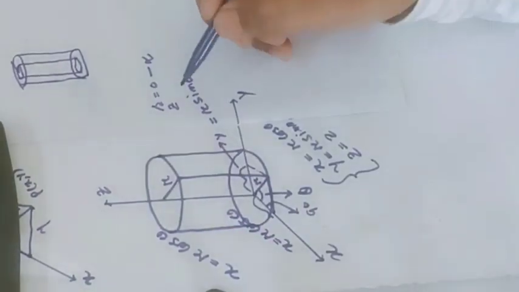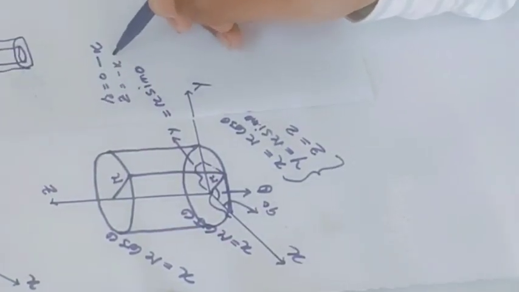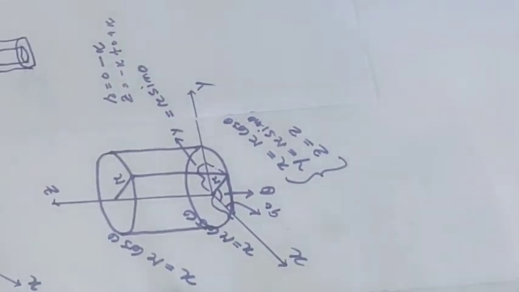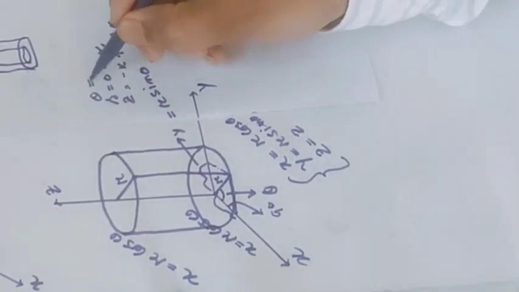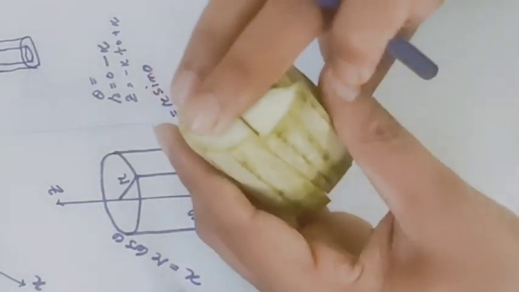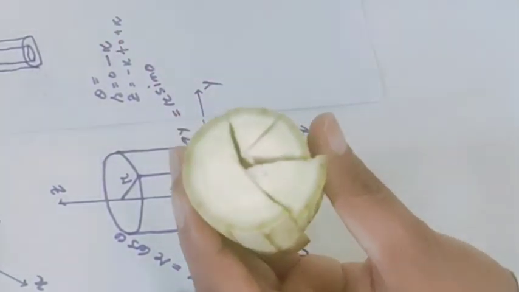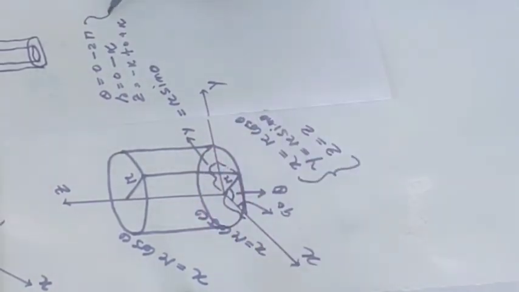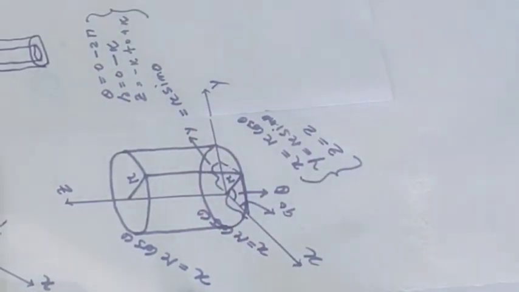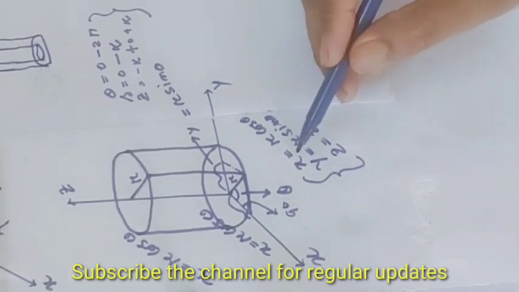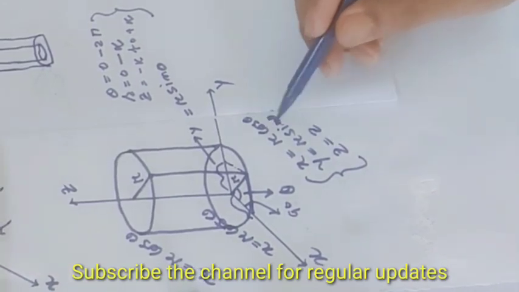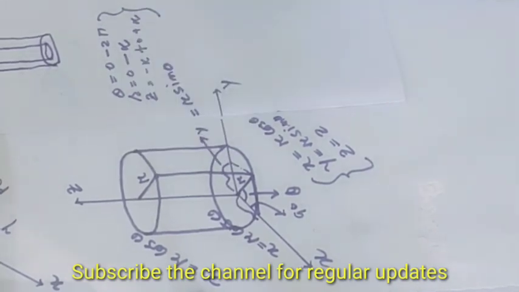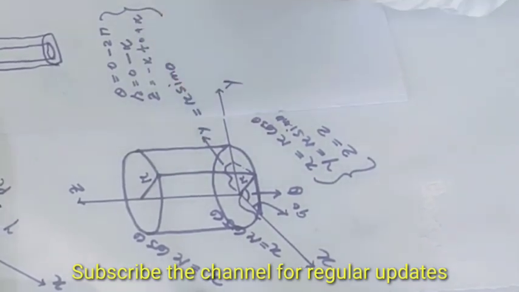So it can be anything. z is changing from minus infinity to plus infinity. Then theta is changing from 0 to the whole cylinder, 0 to 2 pi. So these are my limits of r, theta, z, and this is my relation between the Cartesian coordinate and cylindrical polar coordinate. So now you can visualize the cylindrical polar coordinate system in 3D.